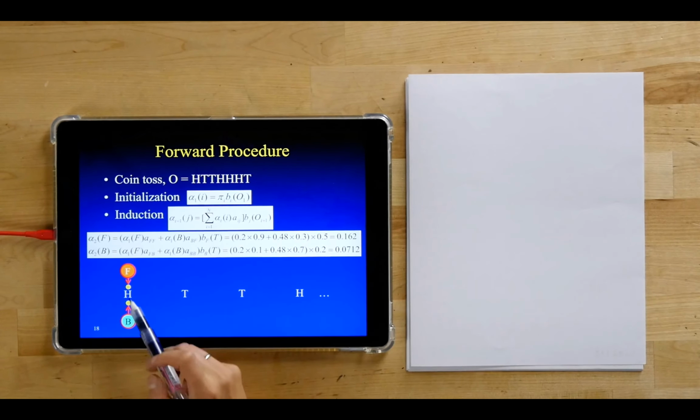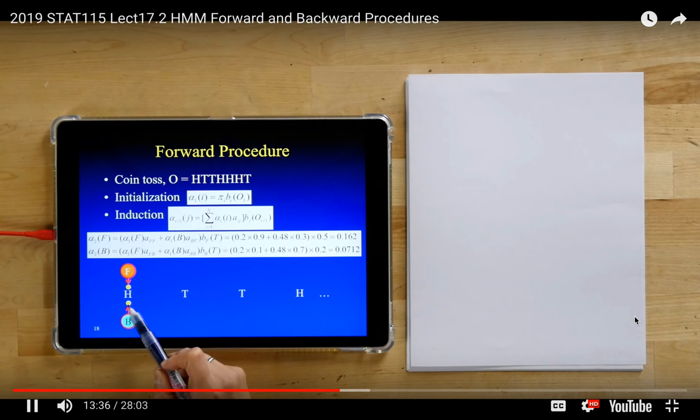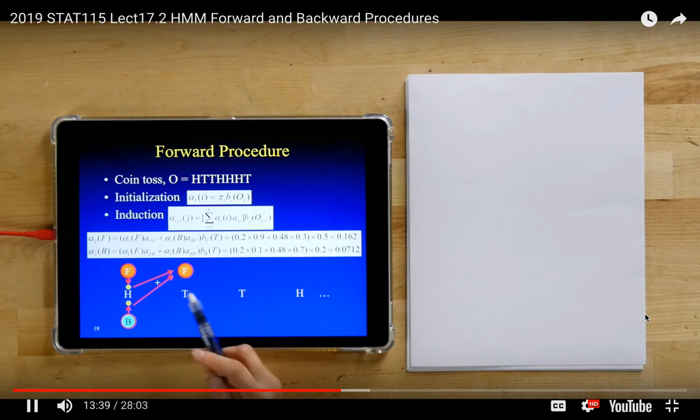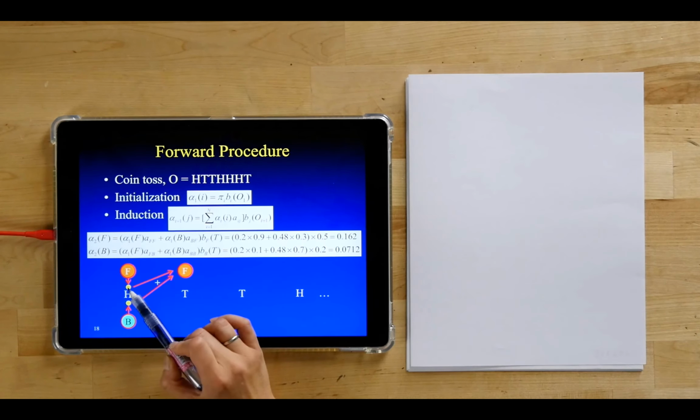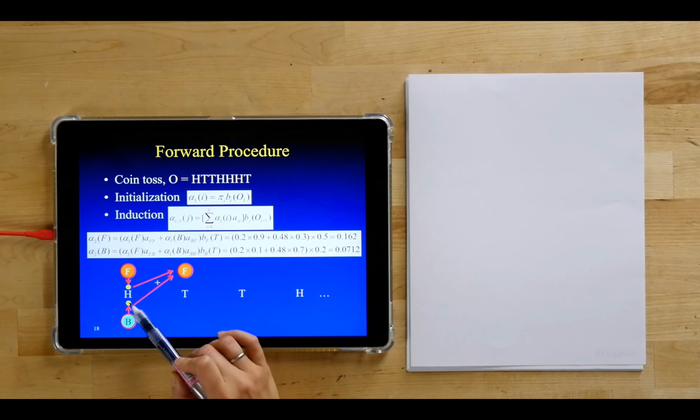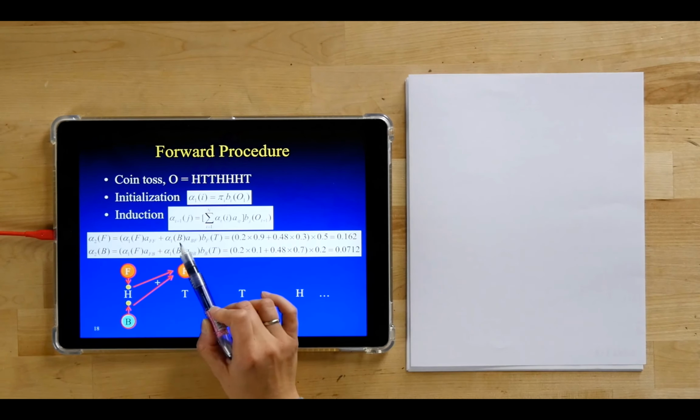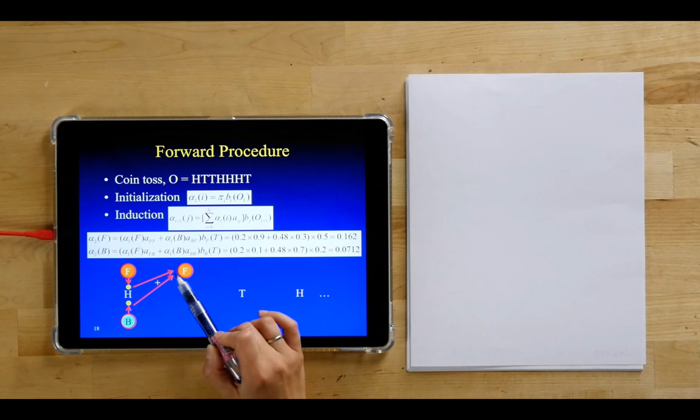So let's do this calculation. So previously we have the alpha 1 fair and alpha 1 bias, and now we are trying to calculate. You can see here, from the previous fair coin, I'm now transitioning from fair to fair, plus if I used a bias coin before, I'm transitioning from a bias to a fair.